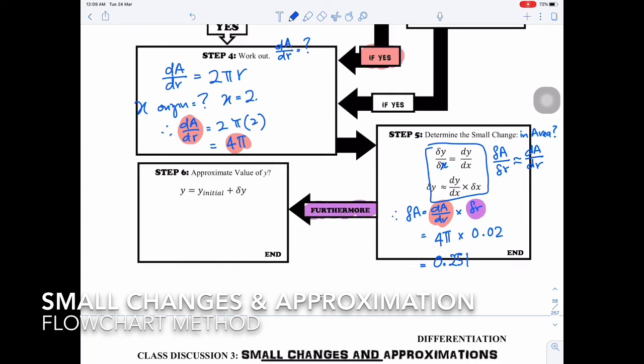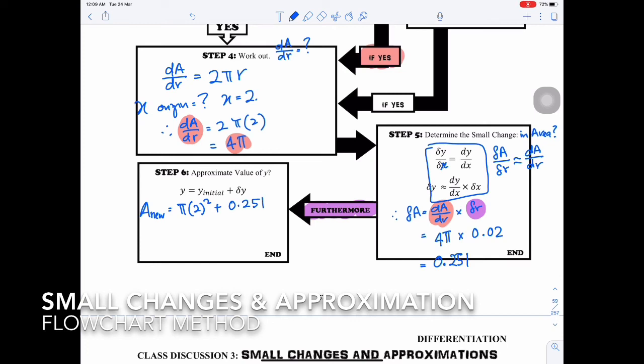And furthermore, the new area A new of the circle equals pi times 2 squared plus 0.251.